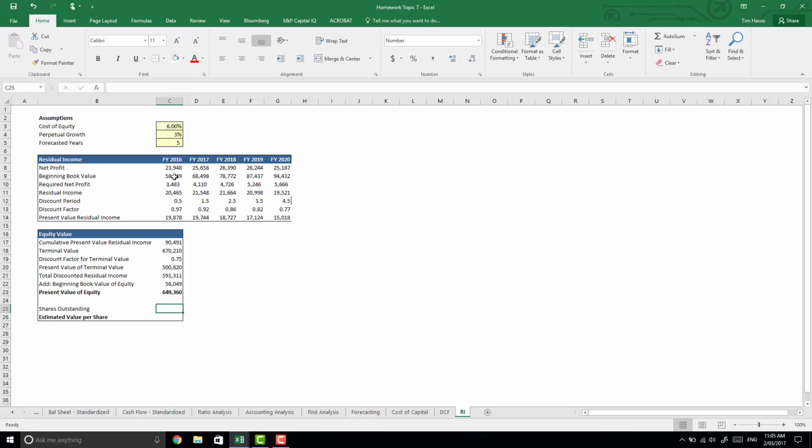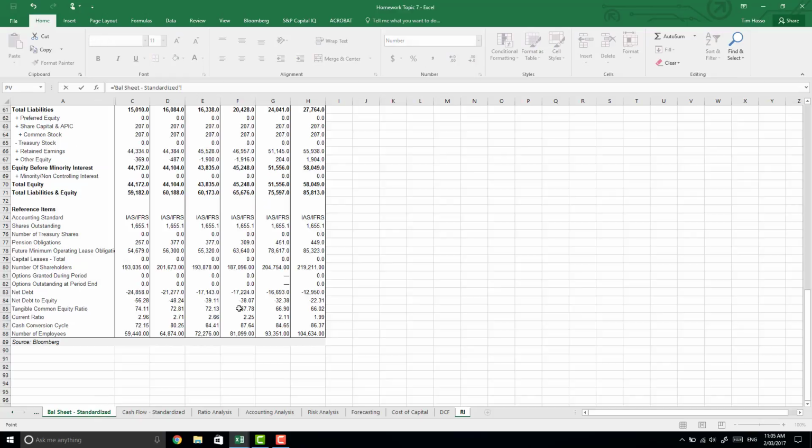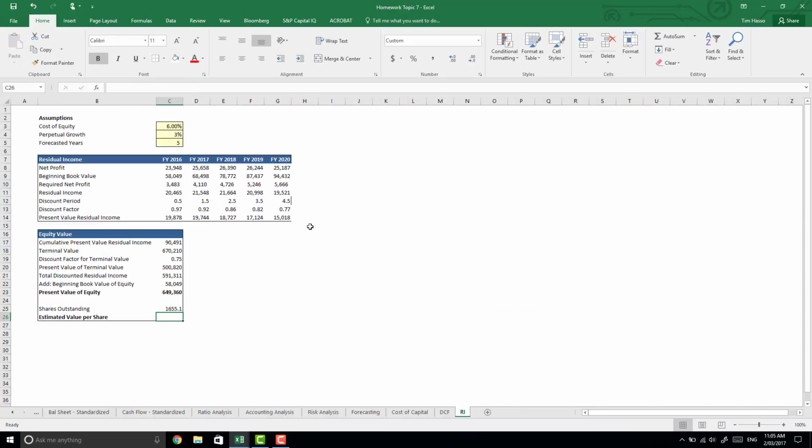Now to get to the share value, again, we need to get the total shares outstanding, which we can get from the balance sheet. So if we go down to cell H75, our estimated value per share will be equal to the present value of equity divided by the number of shares outstanding. In our case, we're estimating to be valued at 392 Swedish kronor per share.